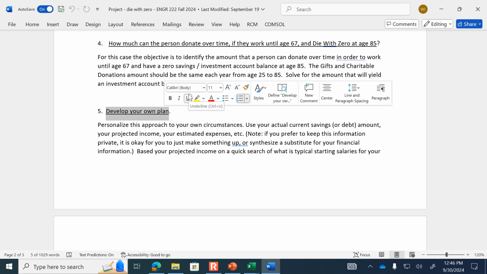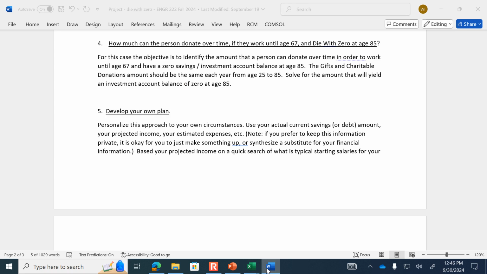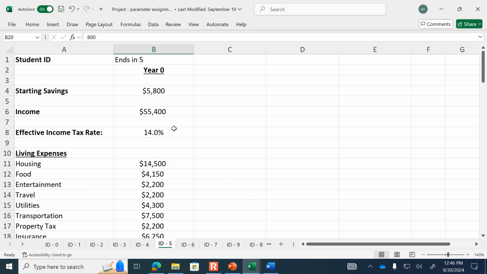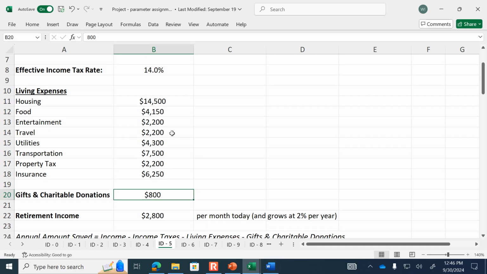And so you put in not just the assumed income and living expenses, but you try and think about, in the city that you plan to live in, your own preferences related to entertainment and travel and the utilities you think you're going to have.